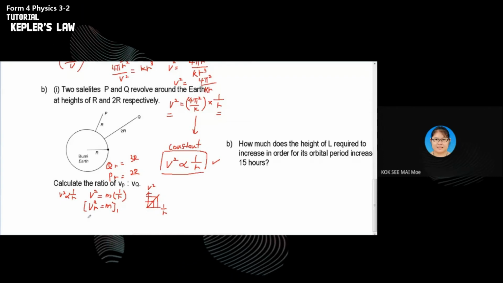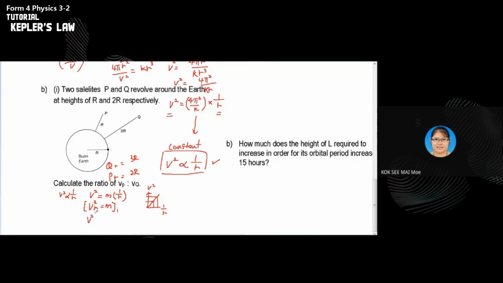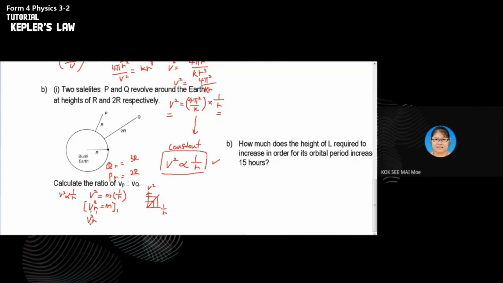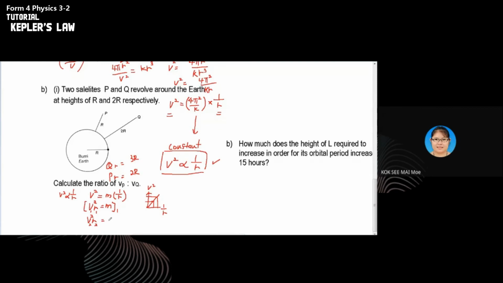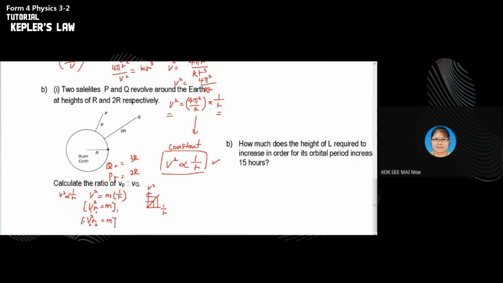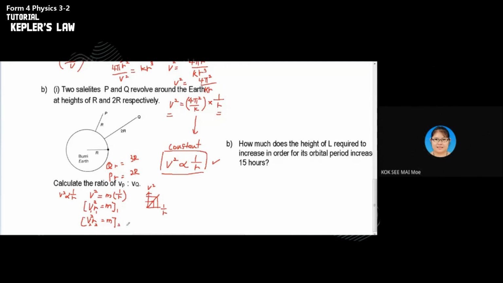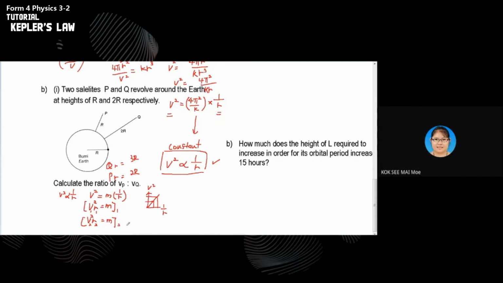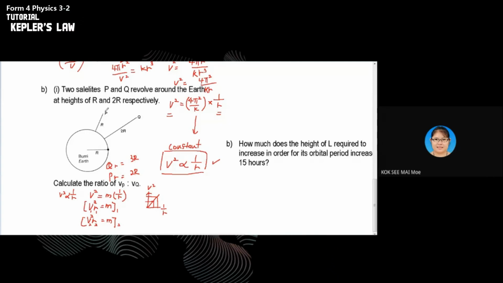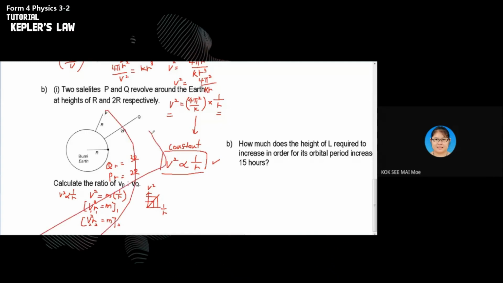So for the second case, V2 square R2 is also equal to M. Okay, this one is the second case. So that means I can write my equation now. First case, we take it as P.